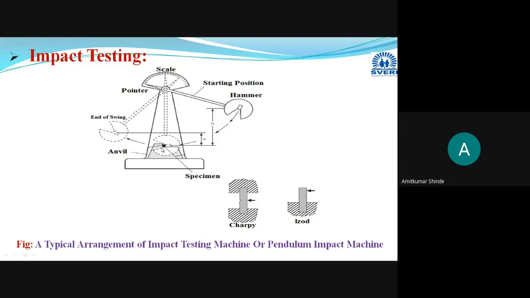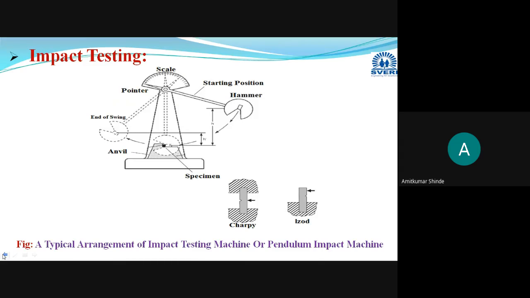Exactly at this location when it impacts on that specimen, its kinetic energy, that is mv square by 2, will be equal to this potential energy, that is mgh. Okay, in short you will get an equation: mv square by 2 equals mgh.